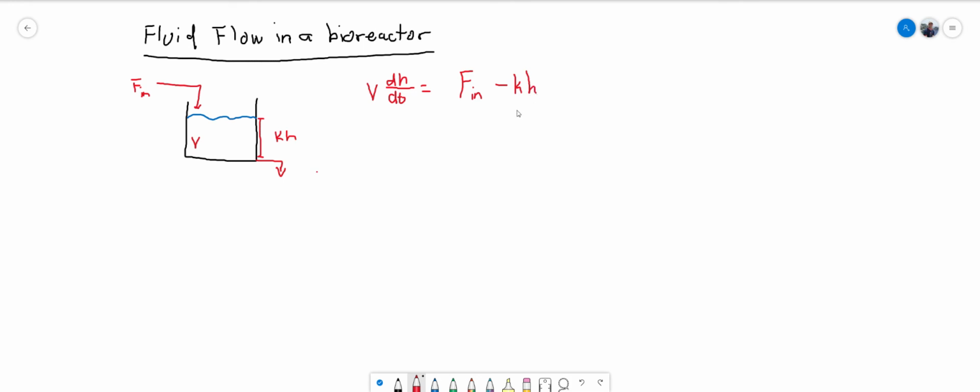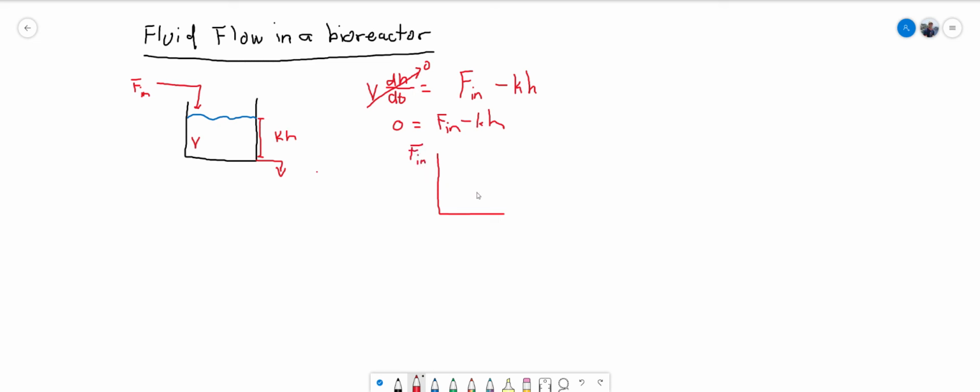So we talked about the mass balance stuff earlier this semester, but if I were to assume a steady state system, then this is going to go to 0, right? And then I can rewrite this equation as 0 equals F in minus K h.